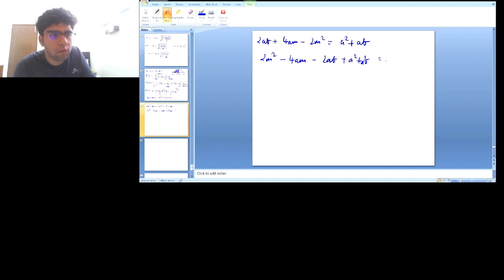So this is 2am minus 2, and 2 goes away, and I already have a 2 here. So this is equal to 0, so this becomes 2m square minus 4am minus ab plus a square is equal to 0.